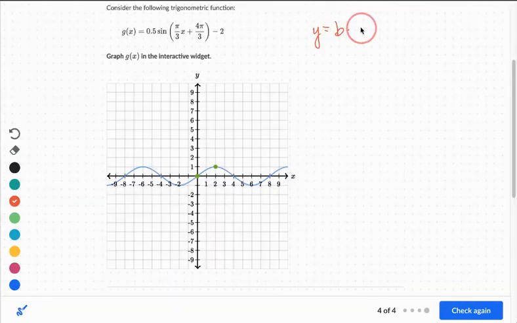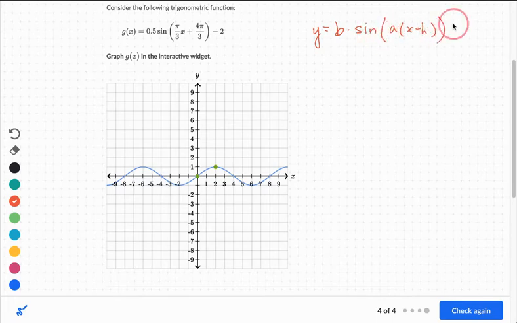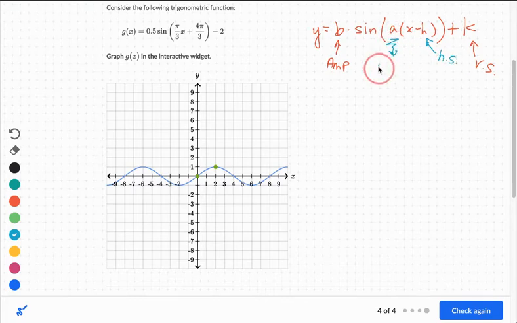So b sine, and then here is a(x minus h) plus k, where the b is your amplitude, and your k on the end is your vertical shift still, your midline. And then the stuff going on inside, this h is your horizontal or phase shift, and then this a determines what your period is.